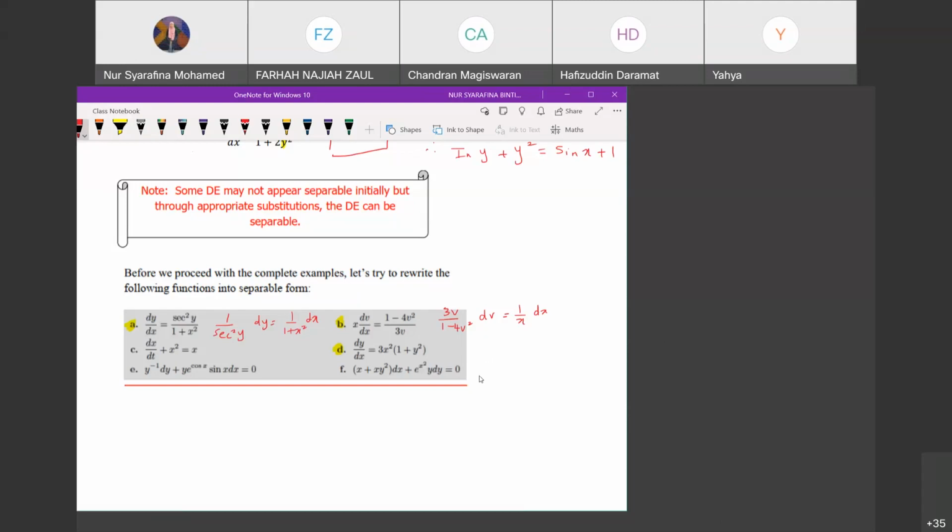All right, the last one. 1 over 1 plus y square dy equals 3x square dx.